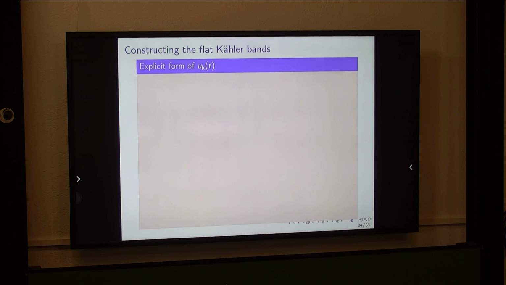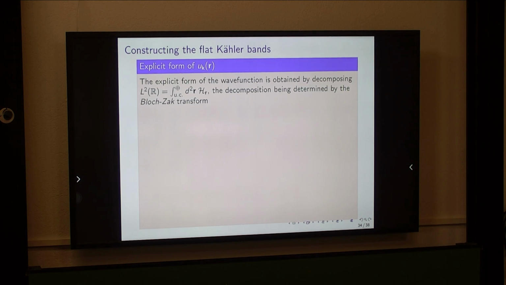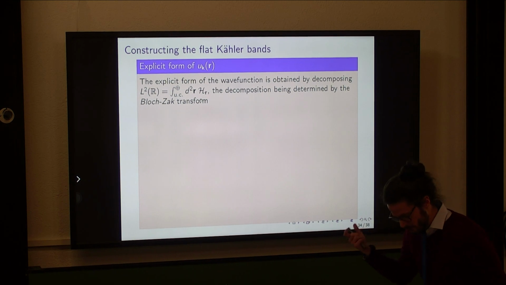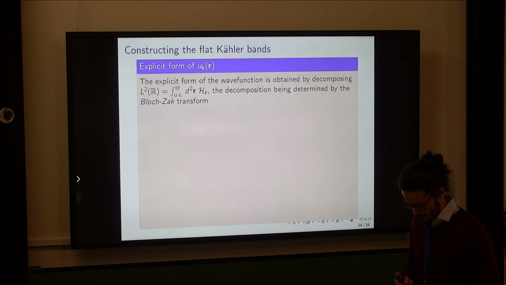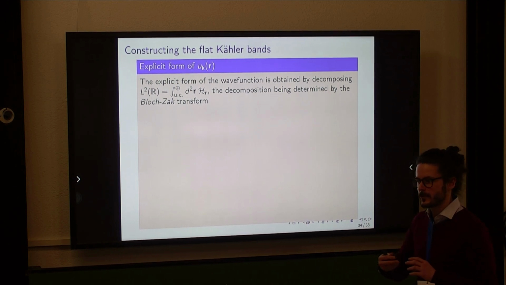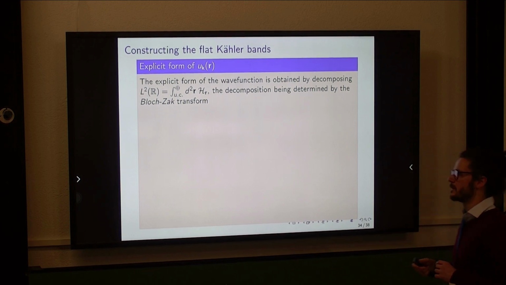And you can also find, I think I'm probably reaching the end of my time, but you can find the explicit form of the wave function by decomposing L2 of R in irreducibles of translation of the lattice, because you see in this Heisenberg group, I failed to tell you that there is a subgroup of reciprocal lattice translations, and this is really not a central extension, it's really a unitary irrep.